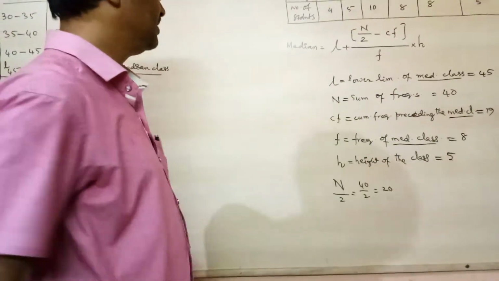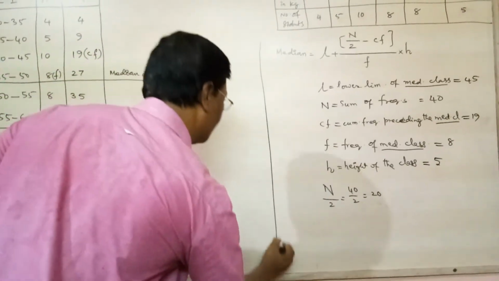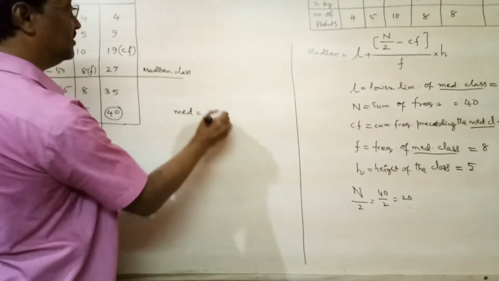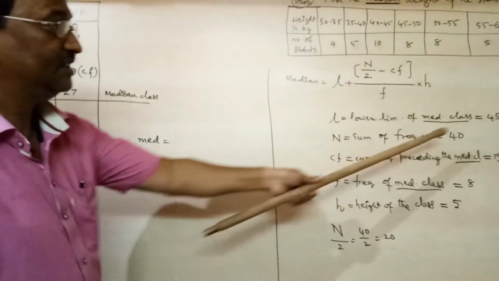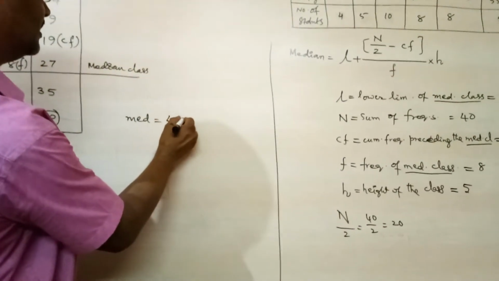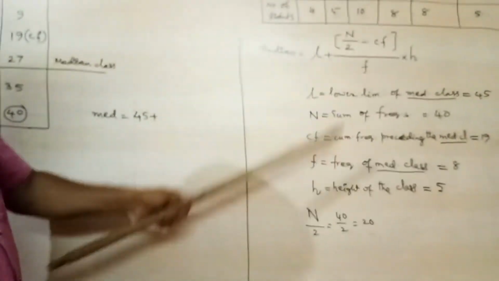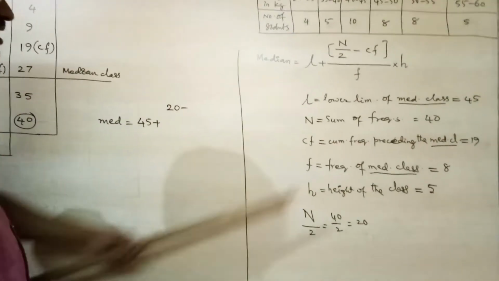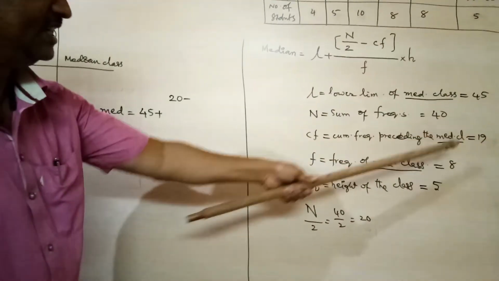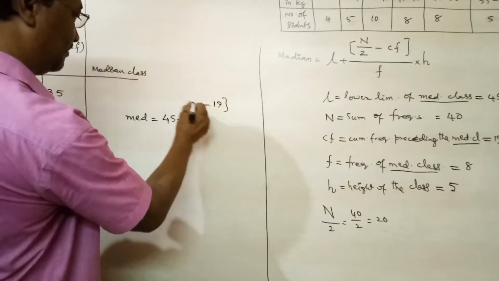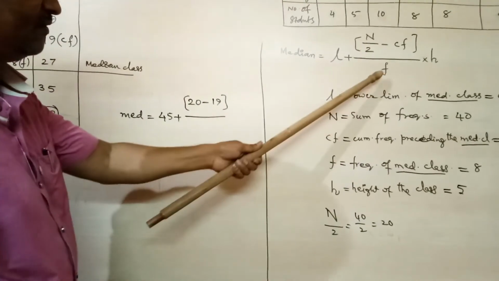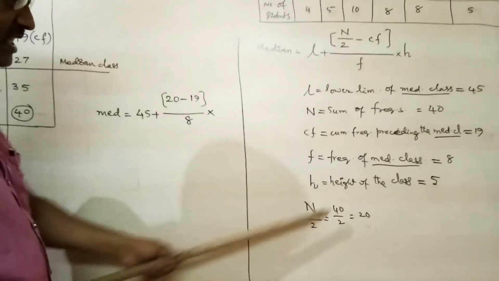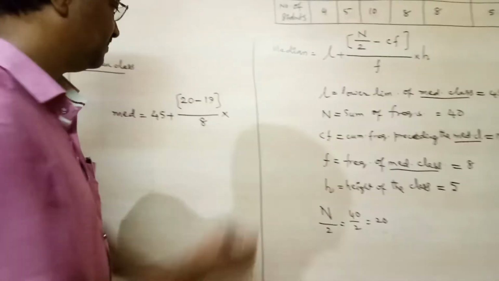Just substitute these values in our formula. Median is equal to L, where L value is 45, plus n by 2, which is 20, minus CF, where CF is 19, by small f, which is 8, into h, which is 5.